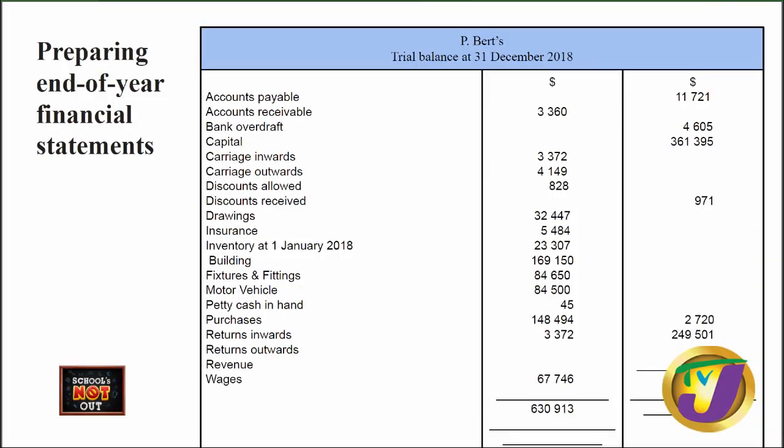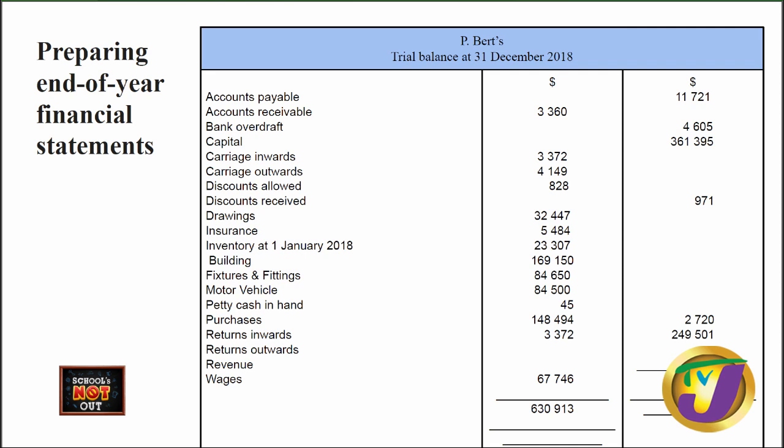Now at this point, students, if you look closely, we have here a document which is called a trial balance. A trial balance is prepared when all the assets, capital, liabilities, and expenses are written up in a sole proprietor's ledger.